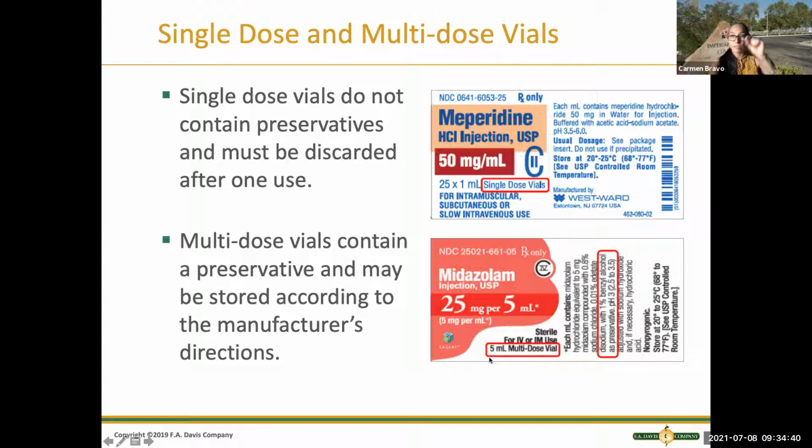So you put the date and the time, your initials, and when you opened it. Normally we have some pre-done labels, and you just have to fill in the lines: who opened it, at what time, and when it needs to be discarded. So you have to do the math and put the date after which it should be discarded. So that's the difference between both of them.